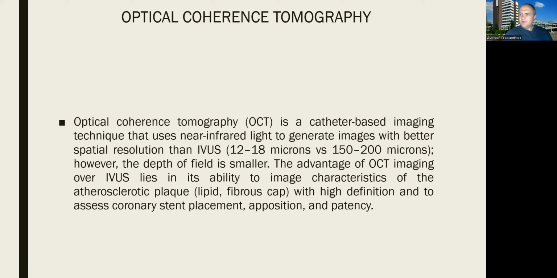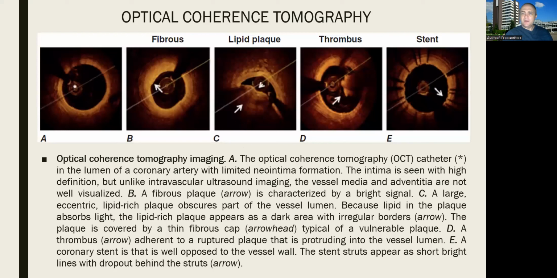The advantage of OCT imaging over IVUS lies in its ability to image characteristics of atherosclerotic plaque, lipid, fibrous cap, with high definition, and to assess coronary stent placement, apposition, and patency. These are optical coherence tomography images.